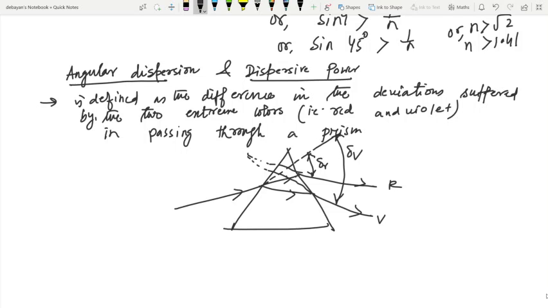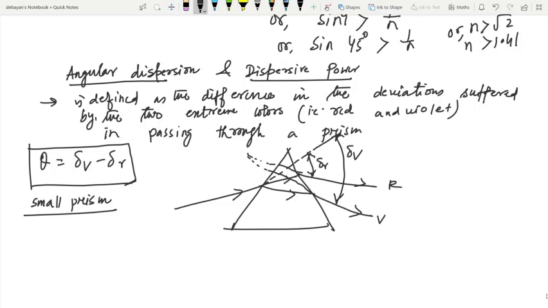You will find it with respect to refractive index also, because if we consider a small prism, then the value of delta for a small prism is (n minus 1) A. For red color the deviation is delta r equals (nr minus 1) A, and for violet, delta v equals (nv minus 1) A. The definition of theta is the deviation of violet minus the deviation of red.